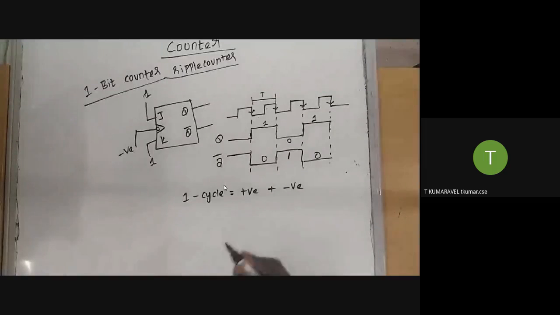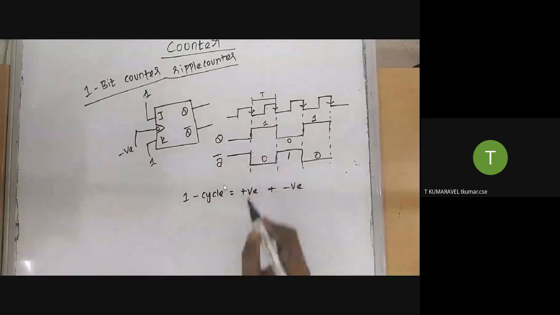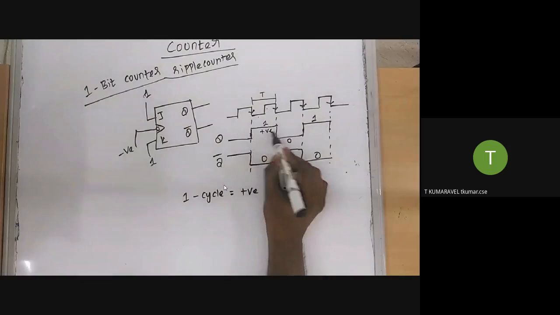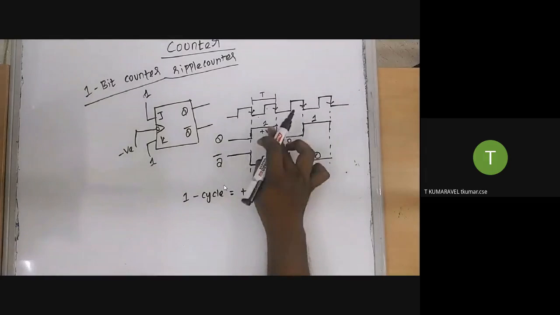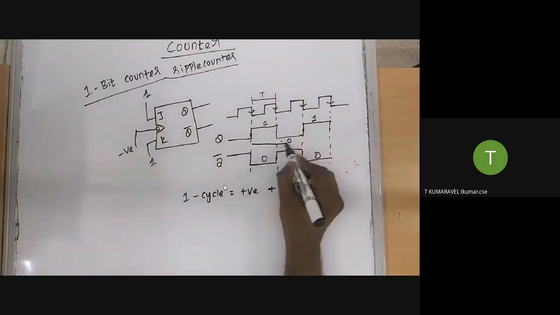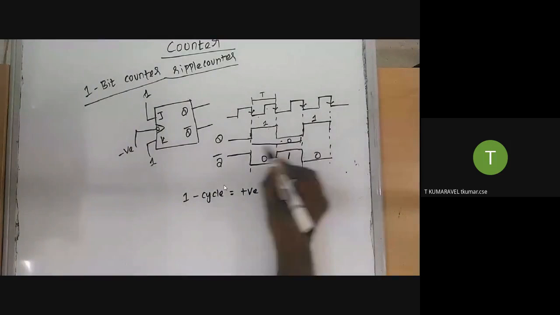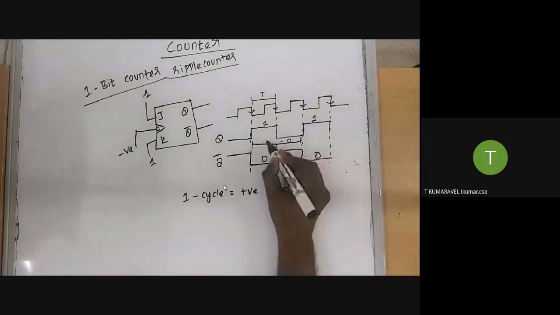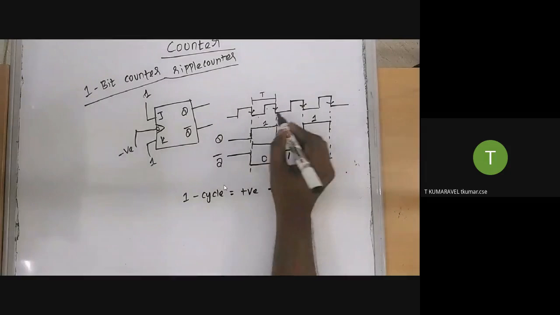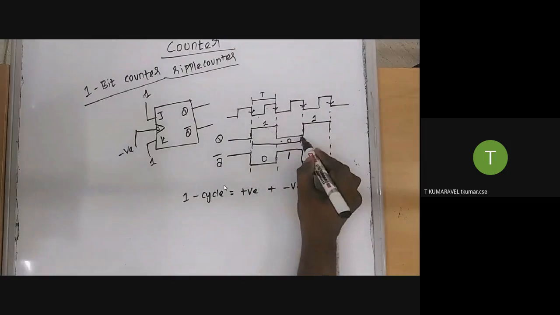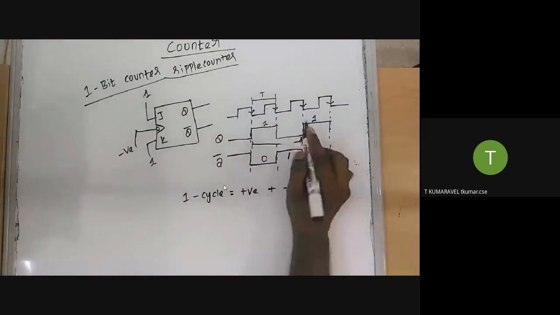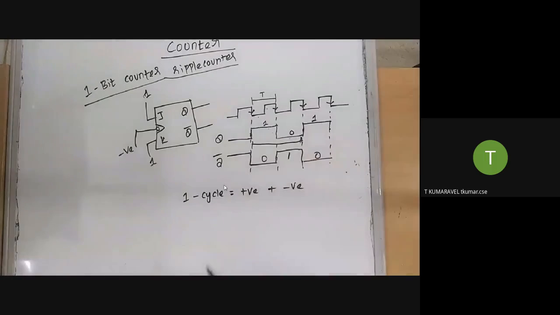Next, consider Q. This is one positive edge, and this is one negative edge. Up to this we call it one cycle.